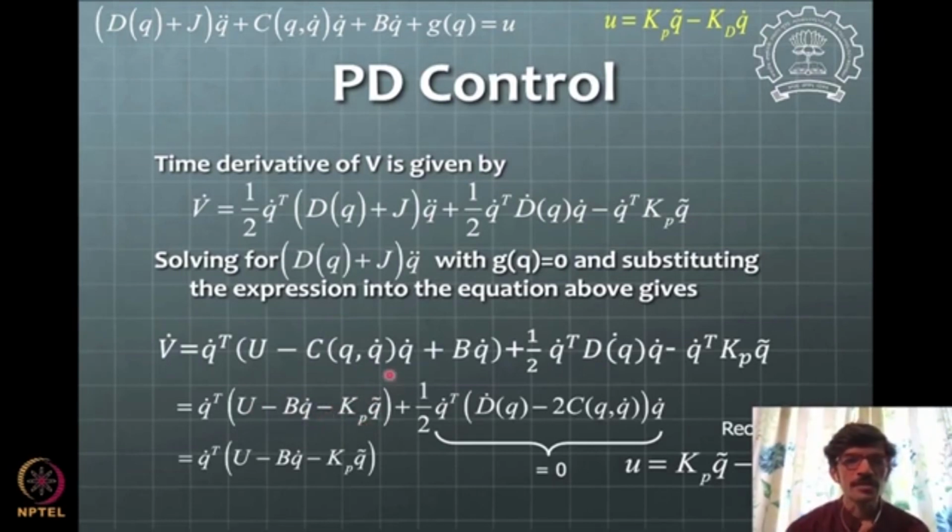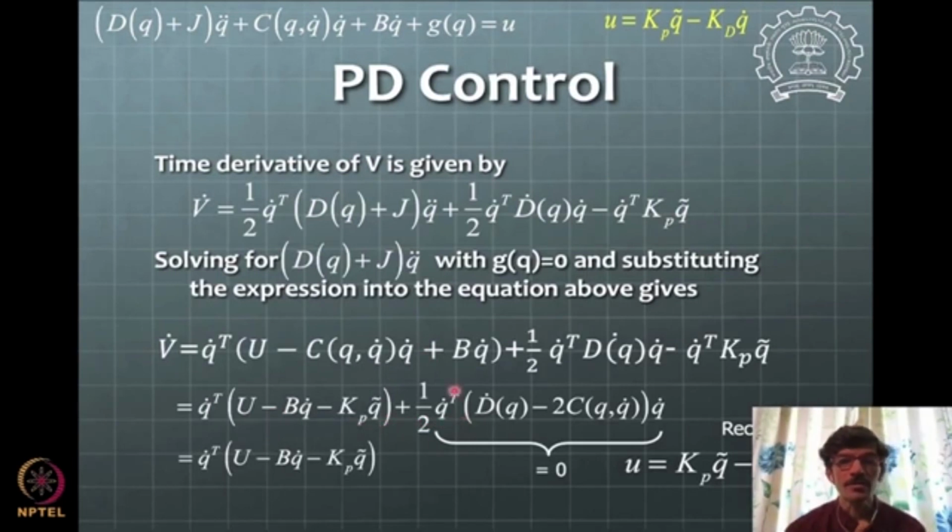This C term is taken out of this place, and this Kp q tilde term is put in here. Here, u minus this C q dot minus B q dot, this should be a minus sign here. So that's why this will become minus B q dot.